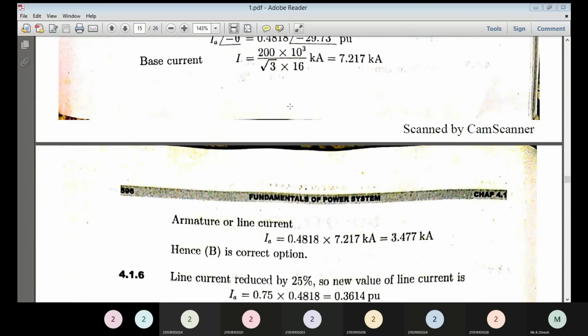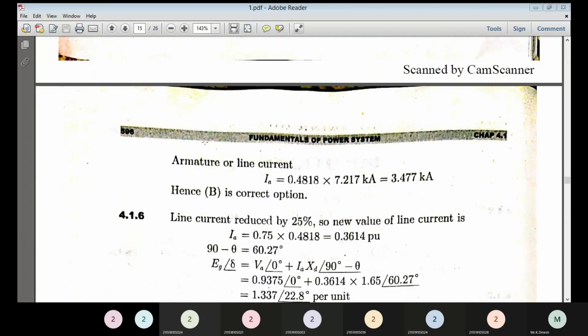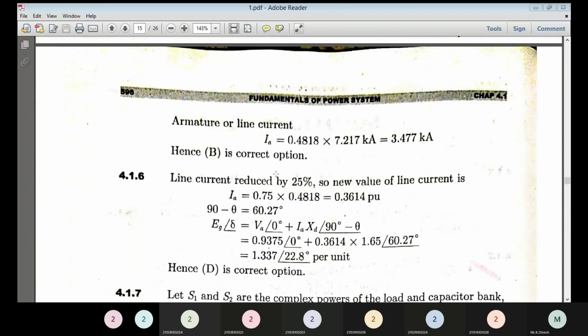The next question: if the current is reduced by 25%, so Ia is not 100%, just 75%. So 0.75 into 0.4818, you may get 0.3614. 90 minus theta is 60.27. The same equation, Eg equals Va angle 0 plus Ia Xt.